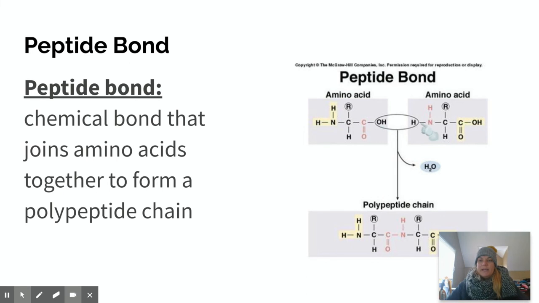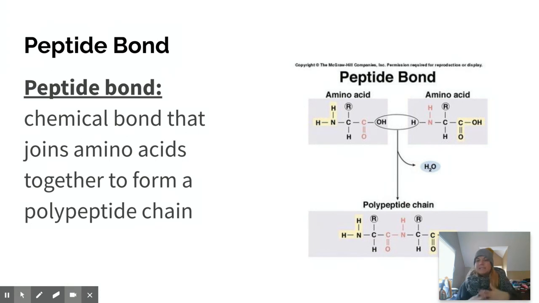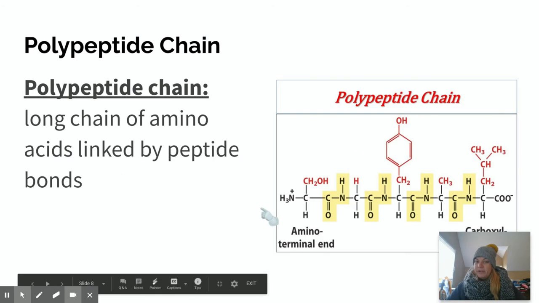So what ends up happening is the front of this amino acid donates a hydrogen, where the back of this amino acid provides an OH, and then we create water, and then you have a link here, which is a polypeptide, okay? So an amino acid is singular, poly means many, which is exactly where we're going from here.